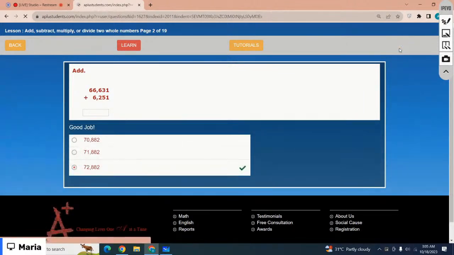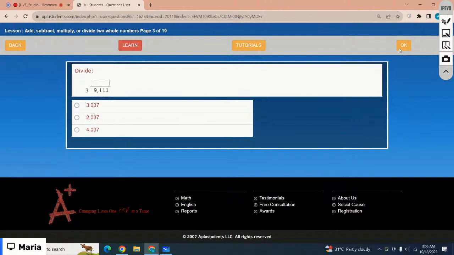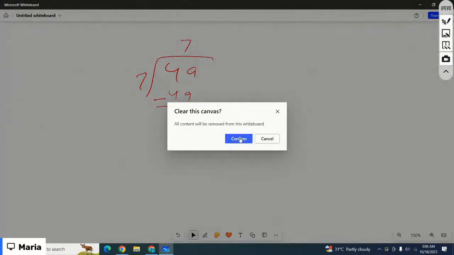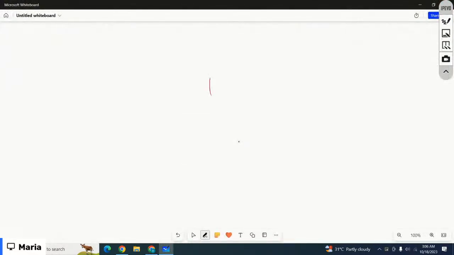The next one is you have to divide 9,111 divided by 3, using the long division method. Start with the first digit.